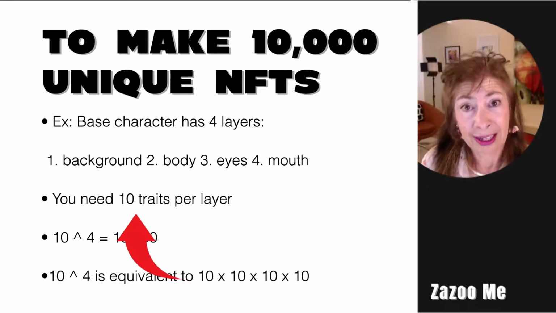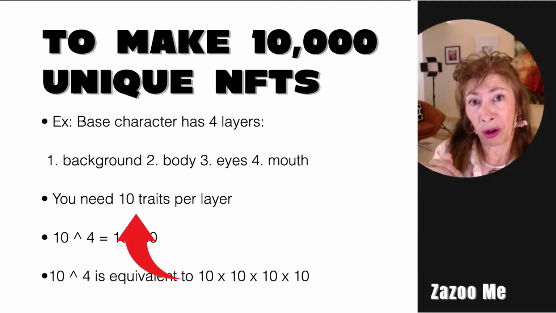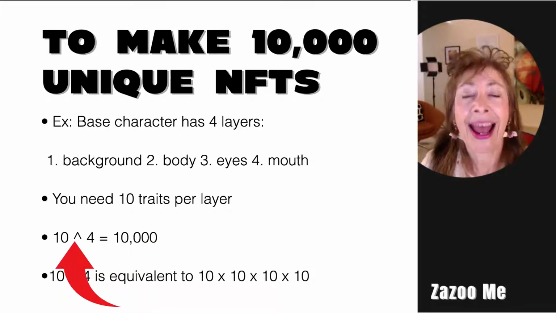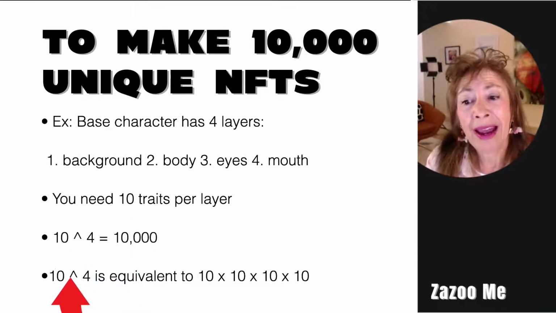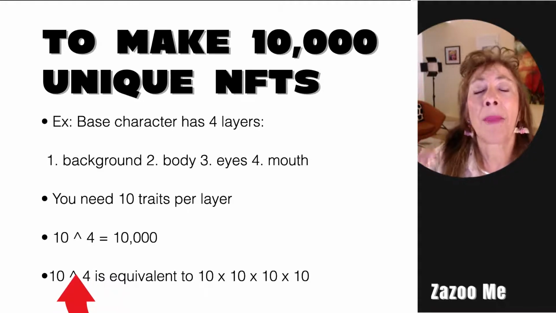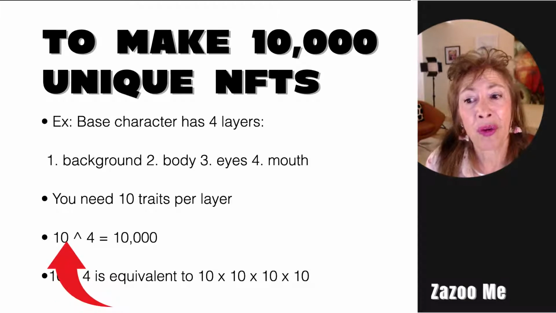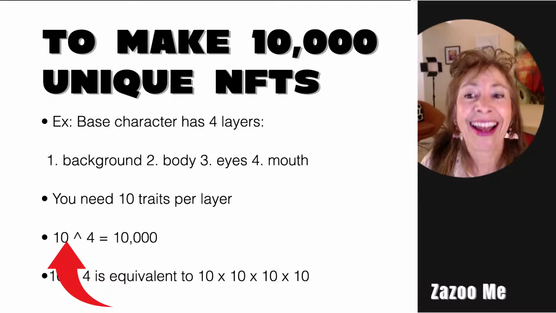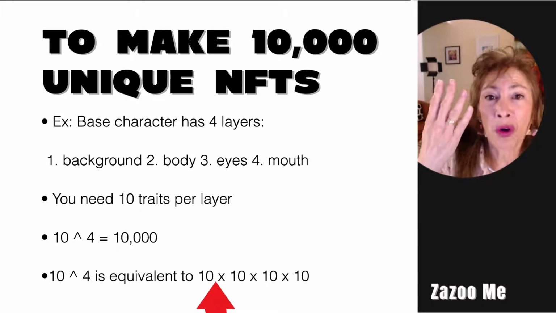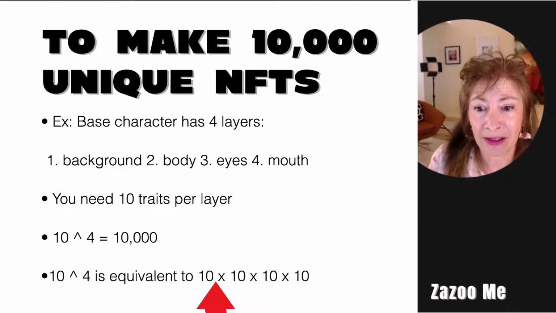Well, you will need 10 traits per layer to end up with 10,000. How does that work? You end up multiplying those traits by the number of layers. So if you have 10 traits and you have 4 layers, you multiply 10 4 times to achieve 10,000.